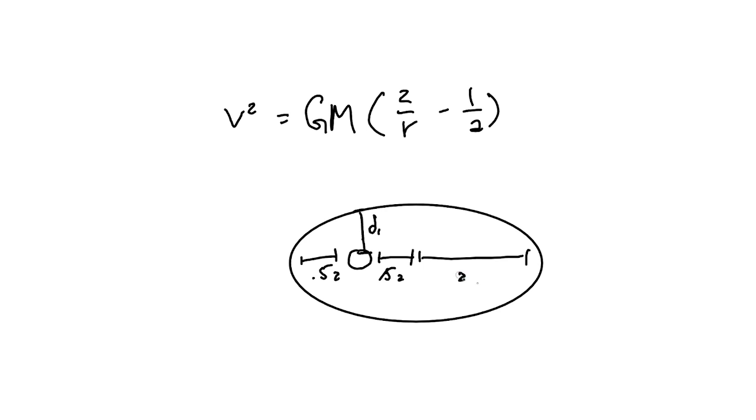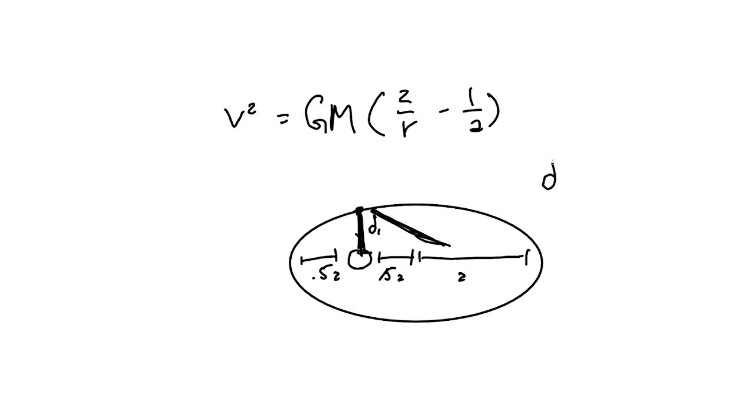The hint is that, given a point, the sum of the distances to the two foci will always be the same, which is 2a. So we're going to find this length and this length, and the sum is always going to be equal to 2a.